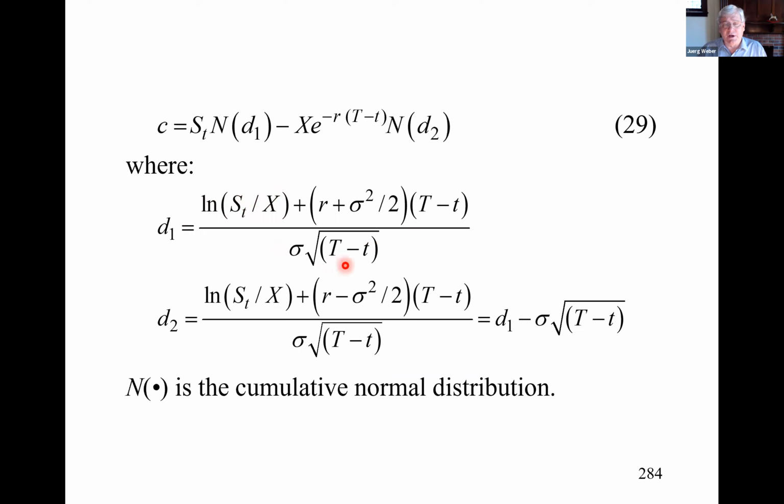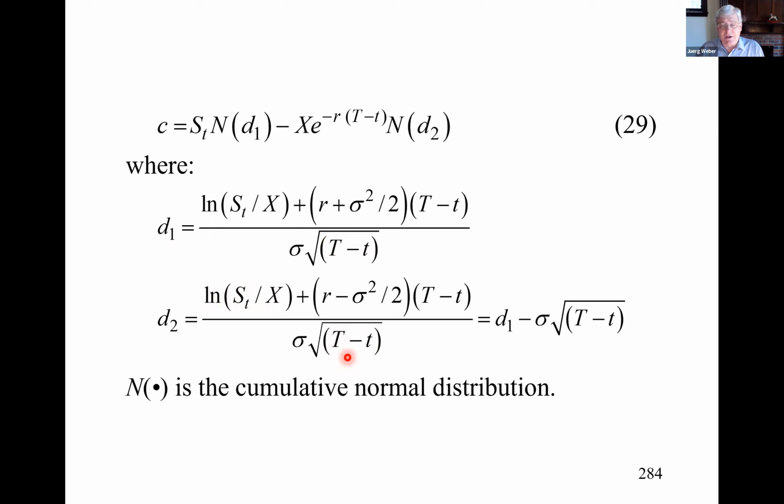Now if small t goes toward big T, that approaches 0. So we divide by smaller and smaller, and so D1 approaches infinity. Also here, we have a number that's bigger than 1, S bigger than X, so the logarithm is a positive number.